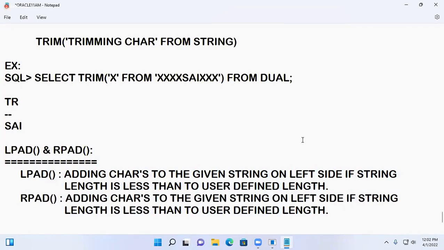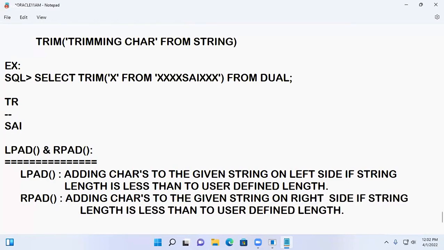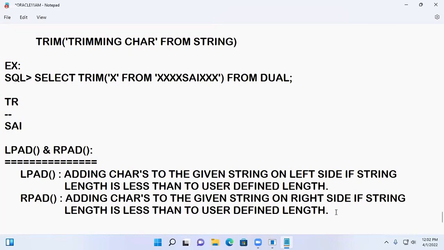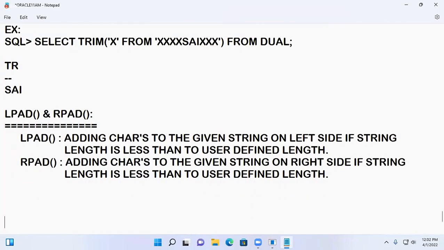So adding characters to the given expression on right side if string length is less than user defined length. Okay, right.